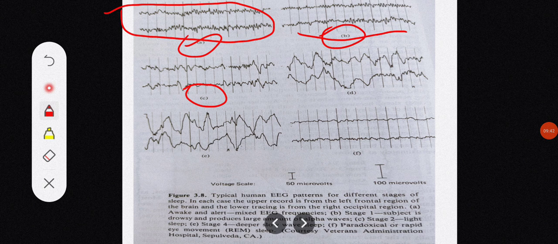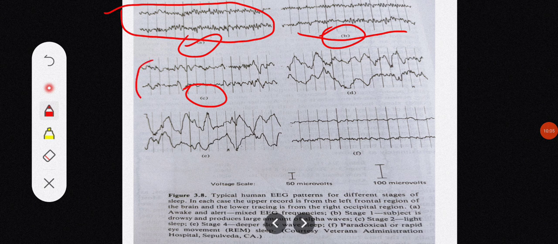When the person is in very high mental activity, the frequency of the electroencephalogram waveform is very high, and when the person is in a drowsy state, the frequency decreases. When the person starts going to sleep, like when the person is in light sleep, the frequency decreases further and the amplitude increases.